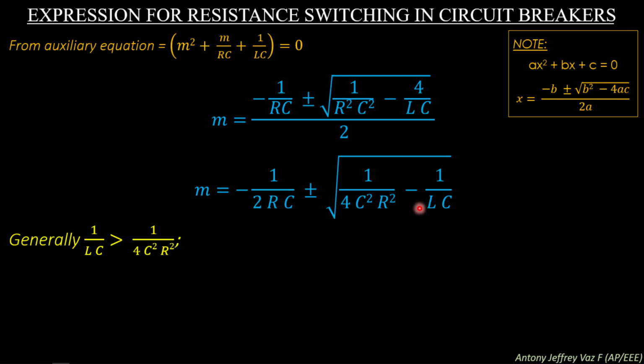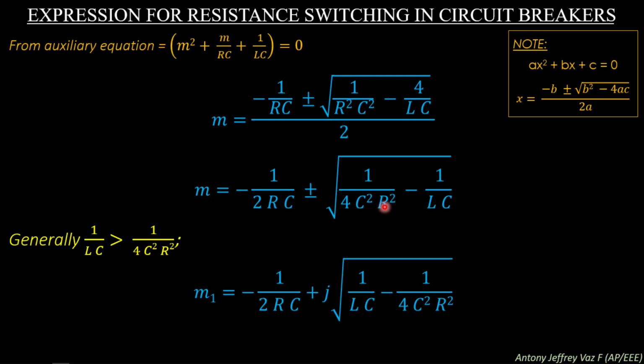Generally, the term 1 by LC will be greater than the term 1 by 4C square R square. So the first root m1 will be equal to minus 1 by 2RC plus j square root of 1 by LC minus 1 by 4C square R square.